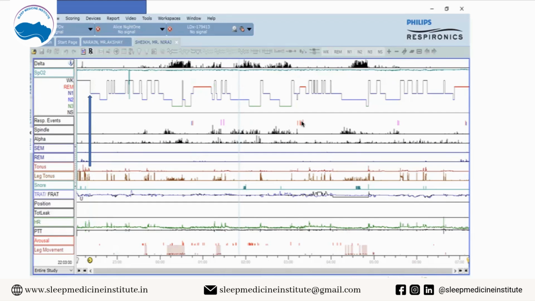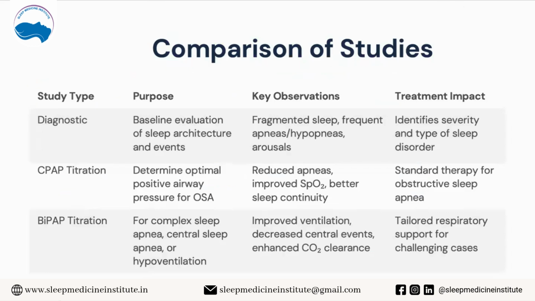So when we look at a hypnogram, you can talk about the sleep onset, the REM onset, the sleep architecture, respiratory events, increased leg movements, and significant desaturations. All that is visible by looking at a hypnogram.